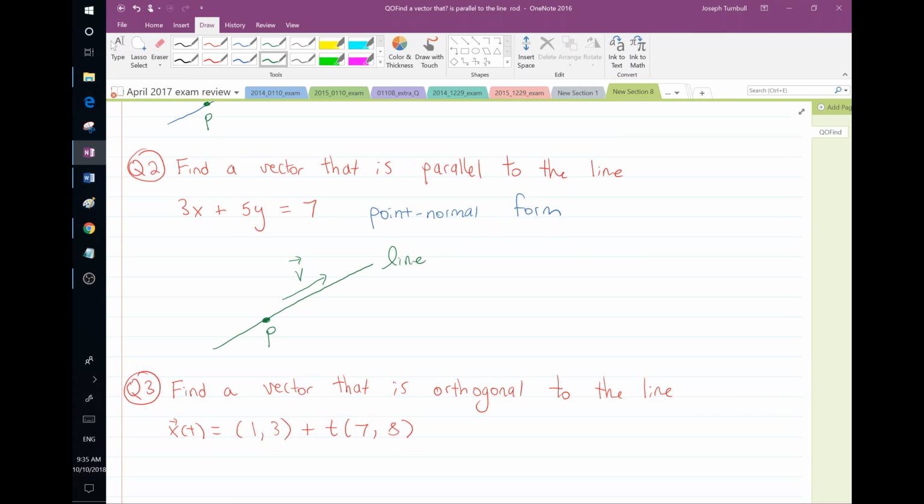I'm going to label one more thing on this picture that we could have labeled on the last one. Actually, I'm going to go up and add it there as well. It's an important thing to label sometimes. Let's call it the normal vector n.